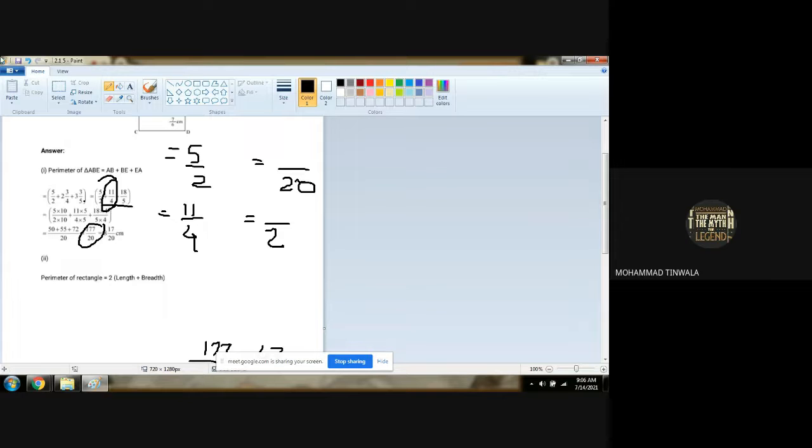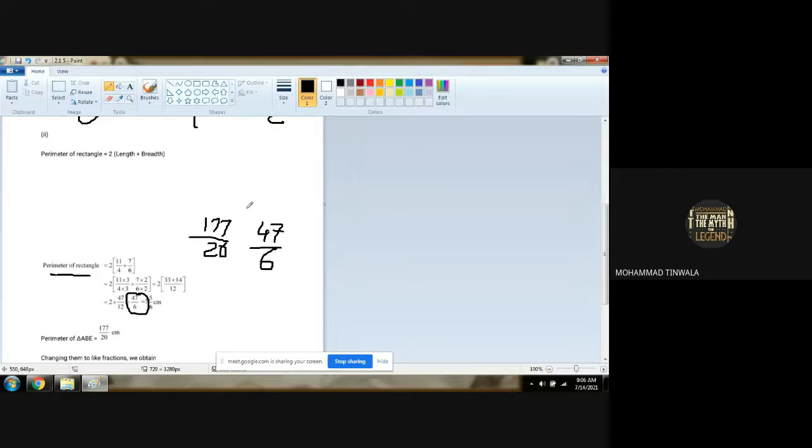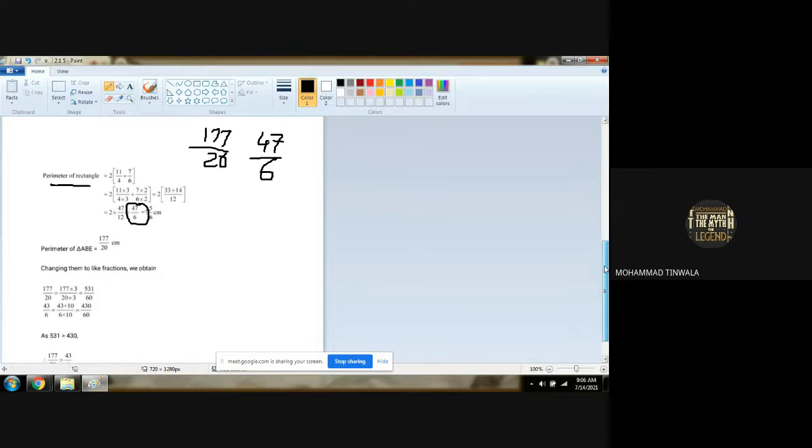Okay, so now for comparing both of them, we have to have like fractions. Here also they are not like fractions. So once we get the LCM we will get 60. What will be the LCM of 20 and 6?